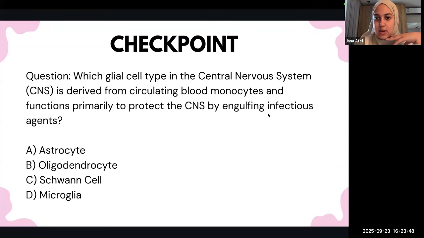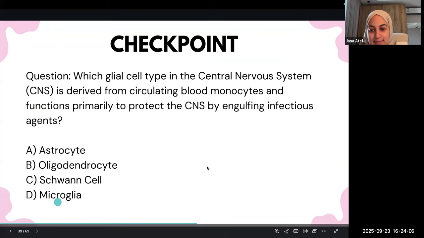Okay, let's have a question. Which glial cell type in the central nervous system is derived from circulating blood monocytes and functions primarily to protect the CNS by engulfing infectious agents? D, microglia. Yes, amazing. Does anyone disagree?